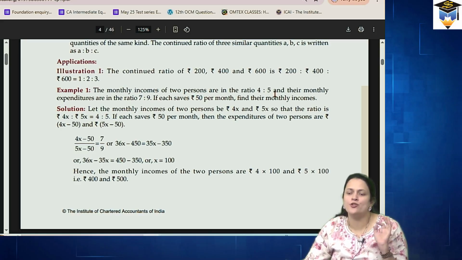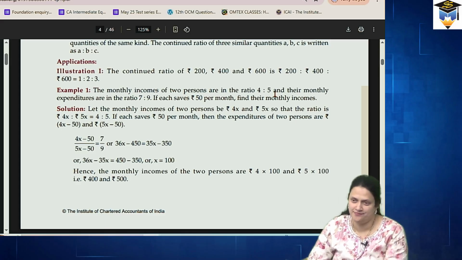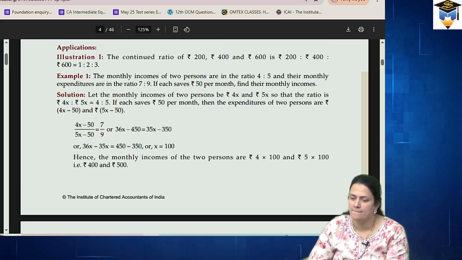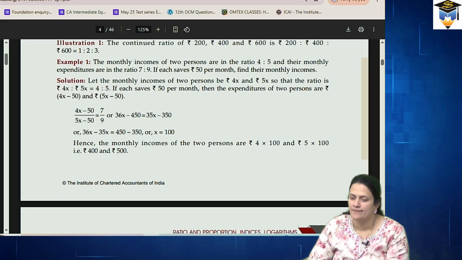If each saves rupees 50 per month, find their monthly incomes. Very easy. Can you do such type of sums? No need to explain anything, or shall I? Let me know. Have you understood?